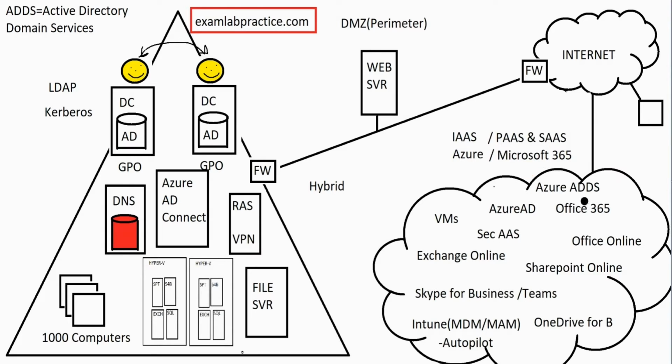And you could migrate all of this stuff over. So if you needed to move this specialized LDAP code into the cloud, you could totally do that. So that is a solution for dealing with that. Okay. So that is Azure ADDS.